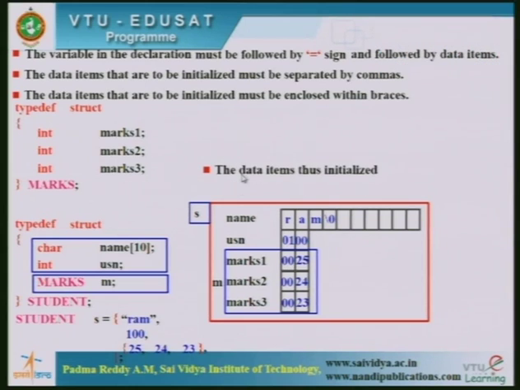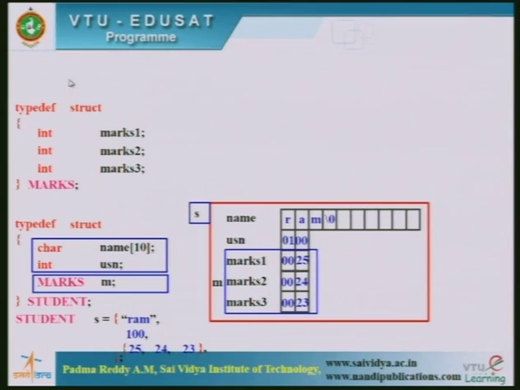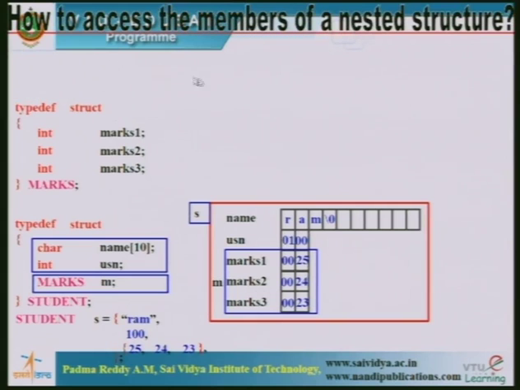Now the last point is the data items thus initialized. The data items thus initialized as shown here are stored in memory as shown below. So this is how the data is stored in the memory, and here we have used nested structure. Now the question is how to access the members of a nested structure.